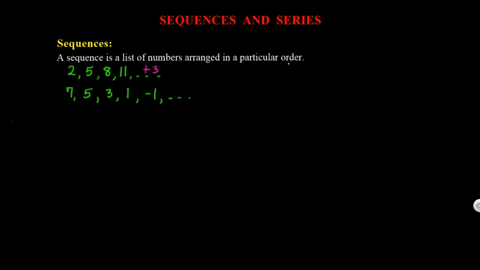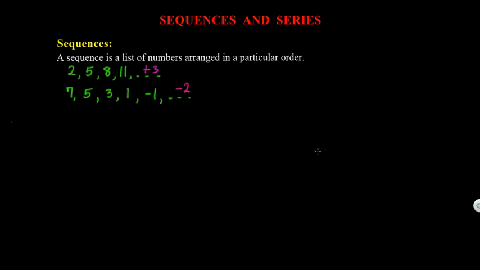By virtue of this, we can see that each number is gotten by subtracting 2 from the number before it. So that is -2. Because it follows a definite pattern, we call it a sequence, a list of numbers that follows a particular arrangement.